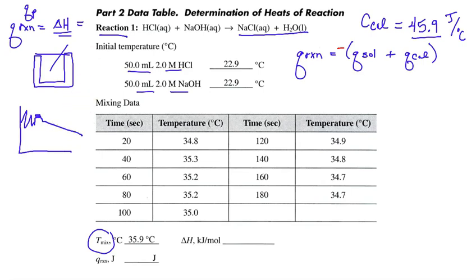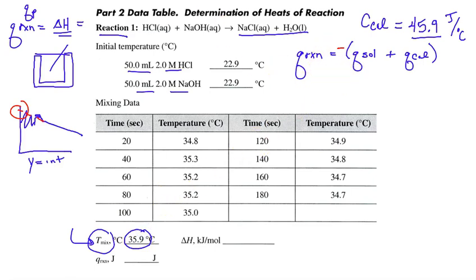What you're going to do is find the most straight line at the end, and do a regression line, and you're going to find that point right there, which is the y-intercept. The computer will help you find that y-intercept, and that y-intercept is the T mix. In this case it's 35.9.